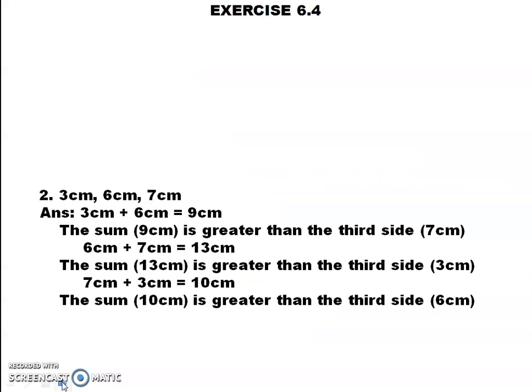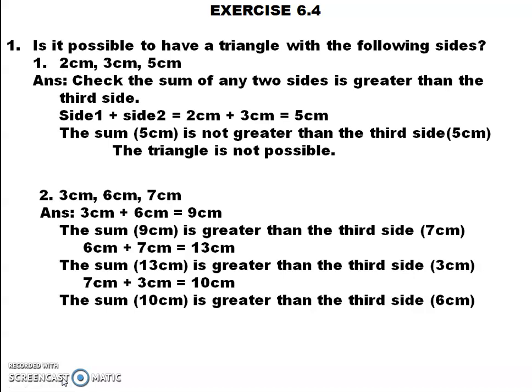Now, the first question, is it possible to have a triangle with the following sides? So using the sum property, we will check whether the given measurements make it possible to have a triangle. The first question is 2 centimeter, 3 centimeter and 5 centimeter.